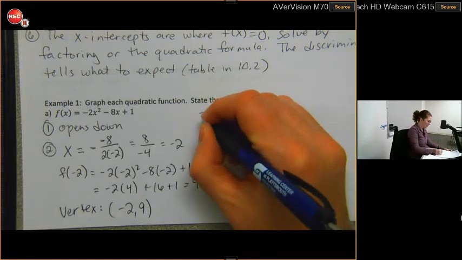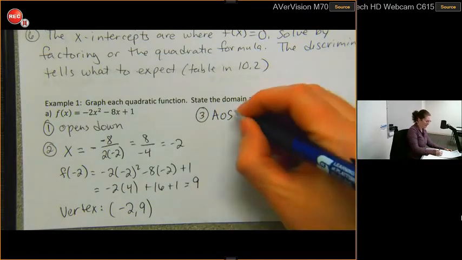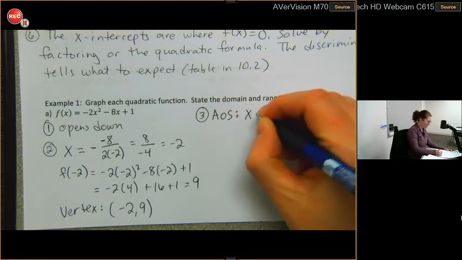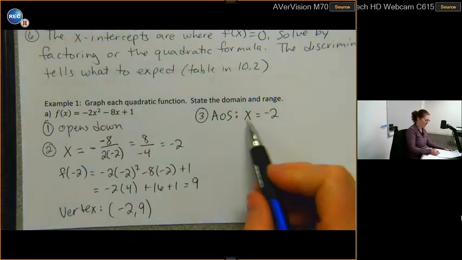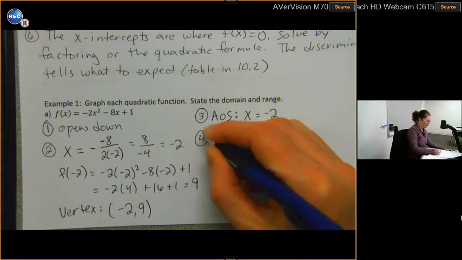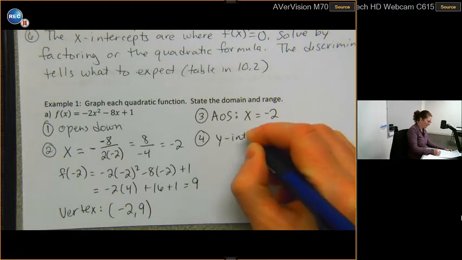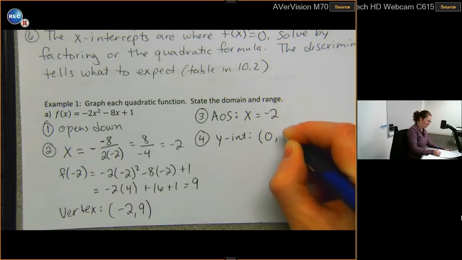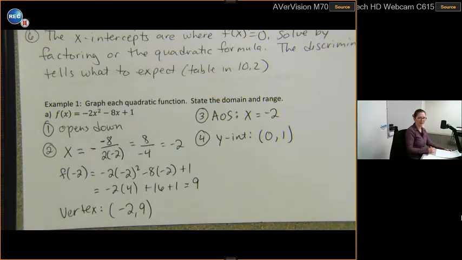Step 3, the axis of symmetry, which I'm going to abbreviate AOS, is just the x portion of the vertex, x equals negative 2. Step 4, the y-intercept is going to be the ordered pair 0, 1, because it's always that number that does not have the x on it.